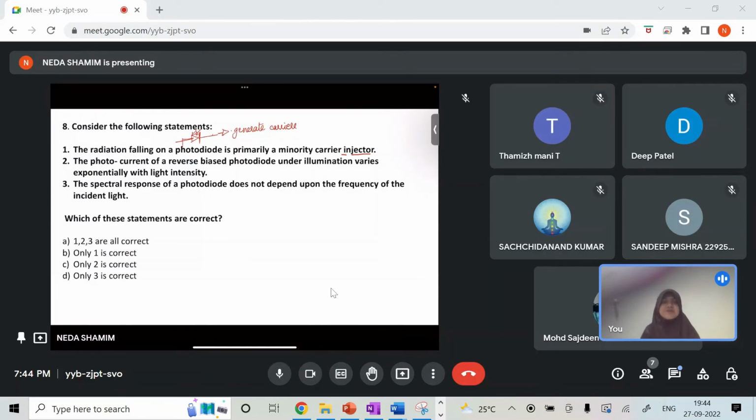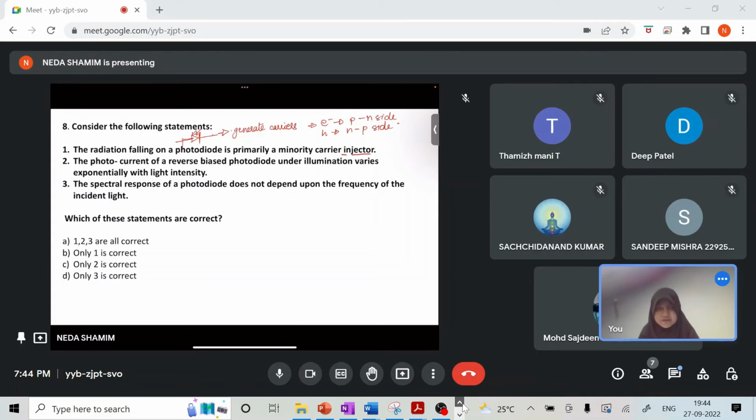So this will generate current, a large amount of carriers. That is, the electrons will move from p side to n side, and the holes will move from n side to p side. So basically the whole current is because of this minority carrier injection.